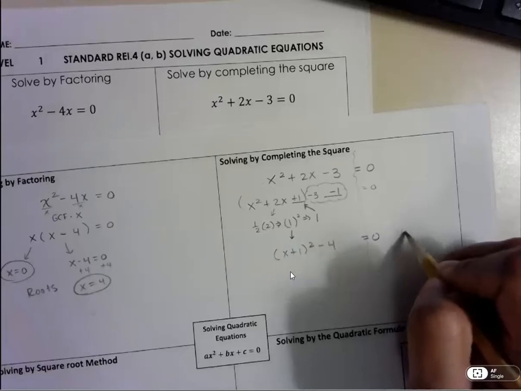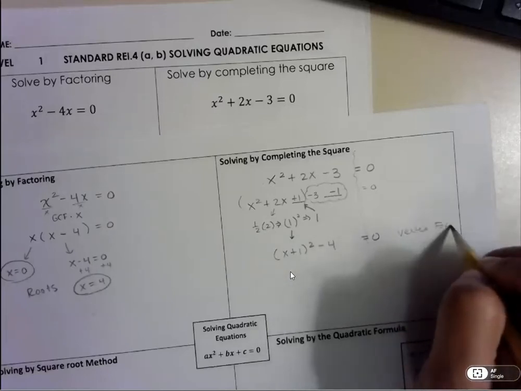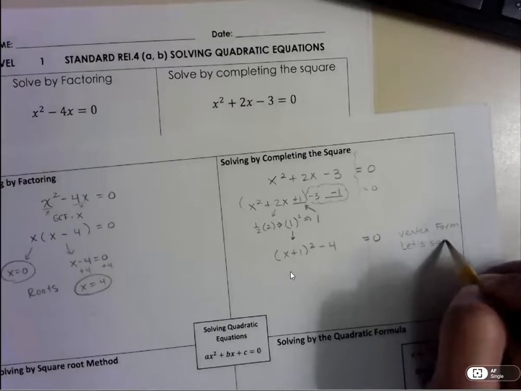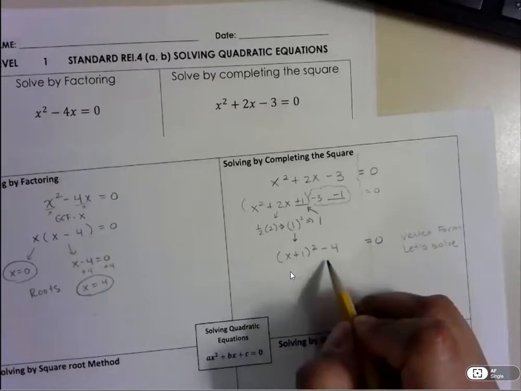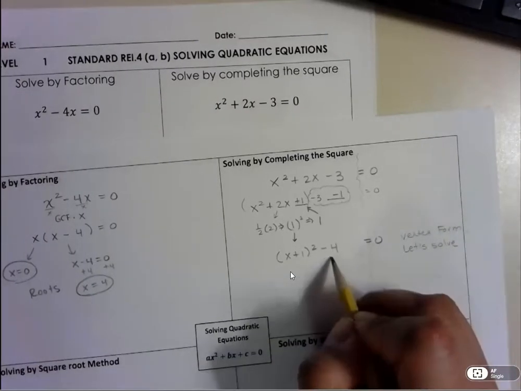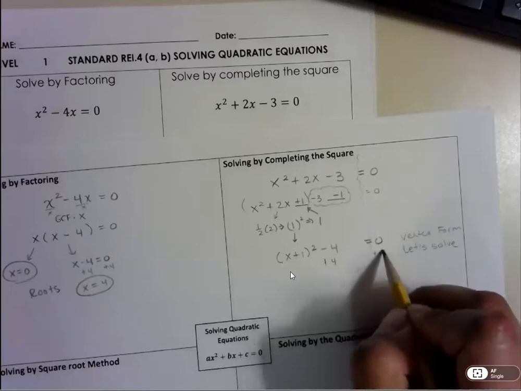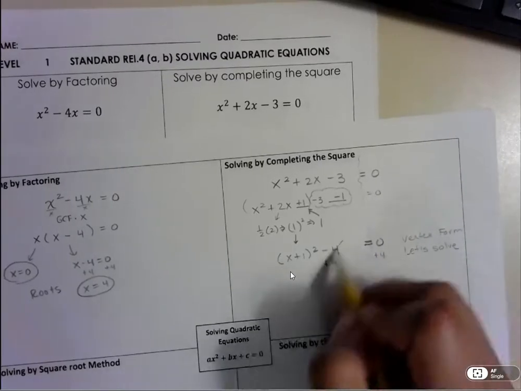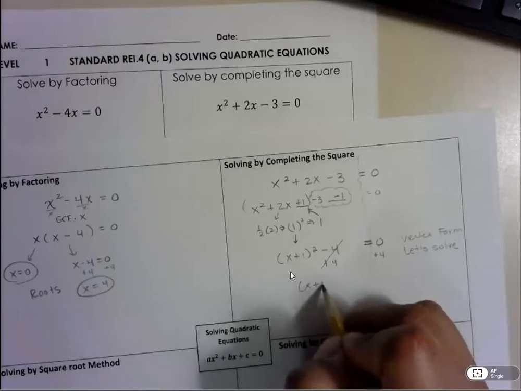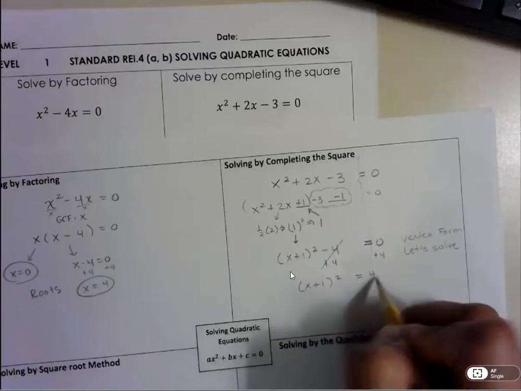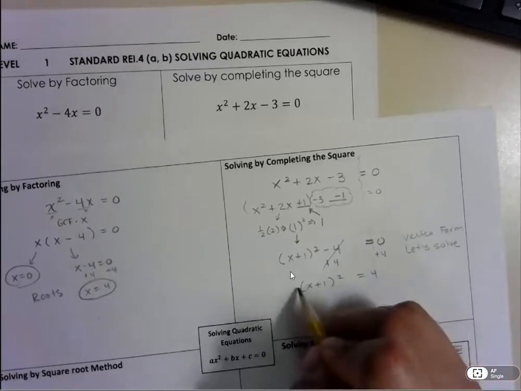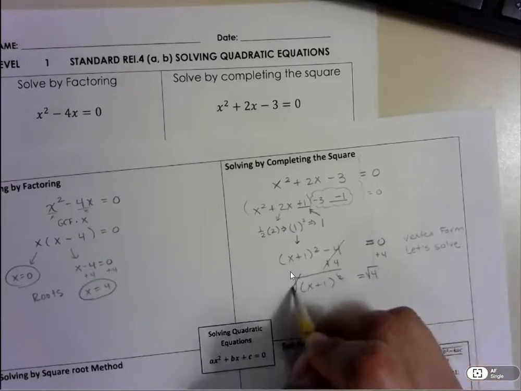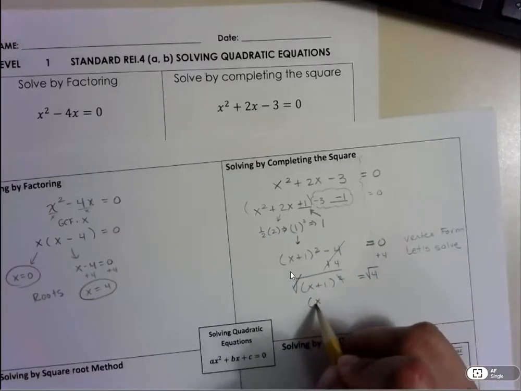So now we are going to solve. Since this is minus 4, we're going to add 4 to both sides of the equation, opposite signs of that equal sign, right? On the left side, on the right side. And there's nothing here, so we're going to take the square root. The square root cancels the square.